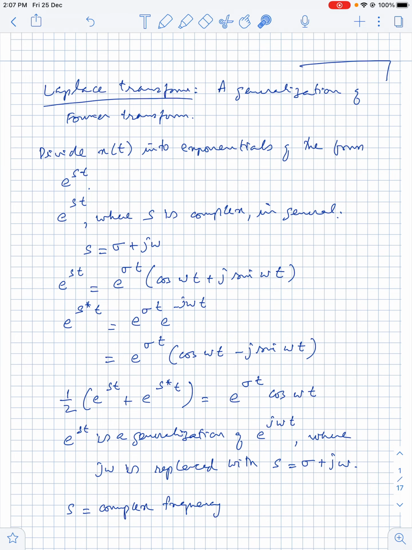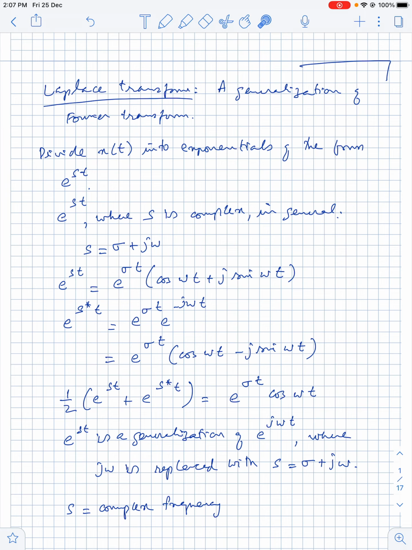For e raised to st, I expand the s here, and e raised to j omega t I write with Euler's formula. Since s is a complex number, this is e raised to sigma t times e raised to j omega t. Again by Euler's formula you get e raised to sigma t times cos omega t plus j sin omega t. If we now add this and its conjugate and add a half term, then essentially this is e raised to sigma t cos omega t.